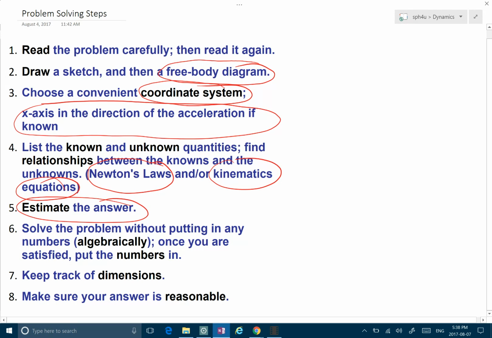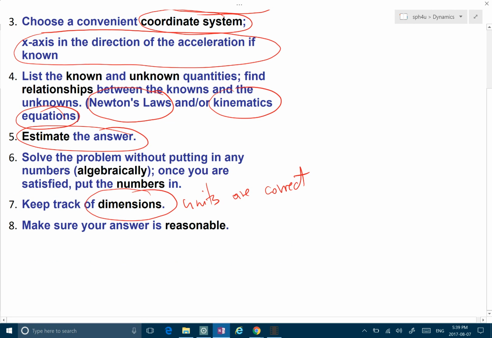So we solve algebraically, then we put in the numbers, we keep track of dimensions, so we make sure that units are correct. Then we make sure our answer is reasonable, not something that doesn't match our expectation for that particular problem, and then we report the answer. So we have the tools, we have the algorithm to solve the problem. Now it's time to solve problems.